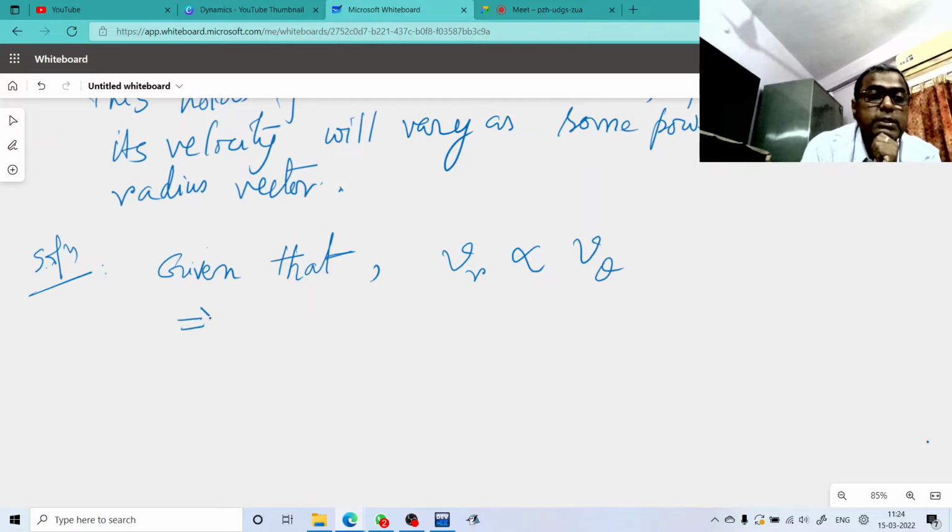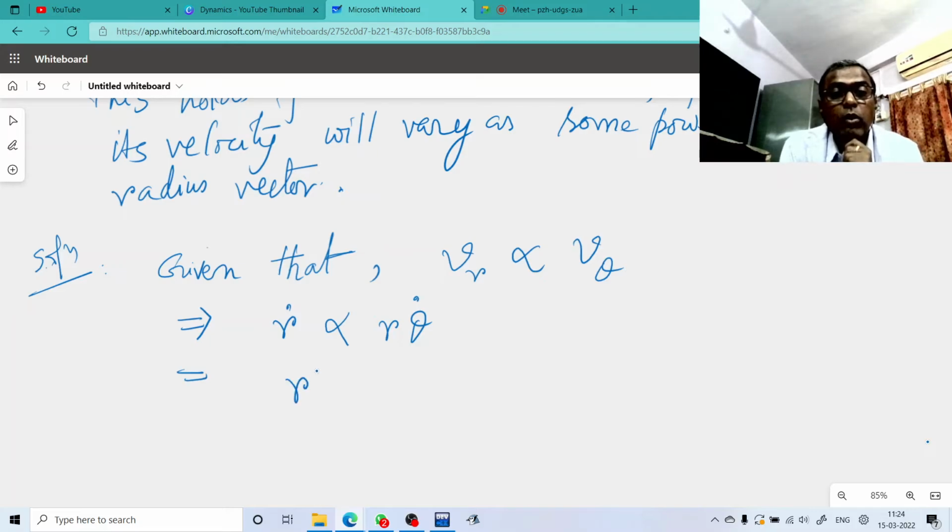So this implies Vr, meaning r dot, varies as r theta dot. So r dot is equal to some constant k into r theta dot, where k is the variational constant.